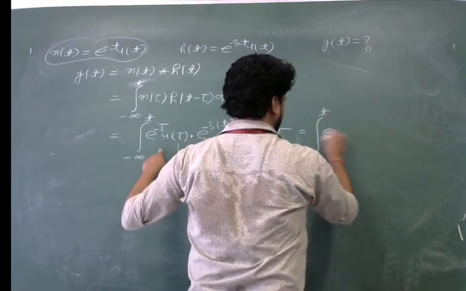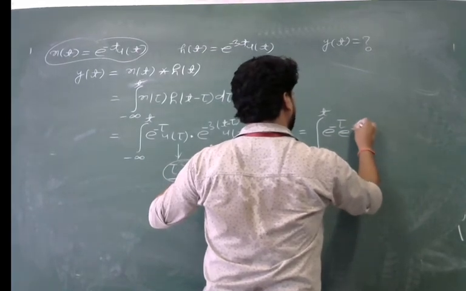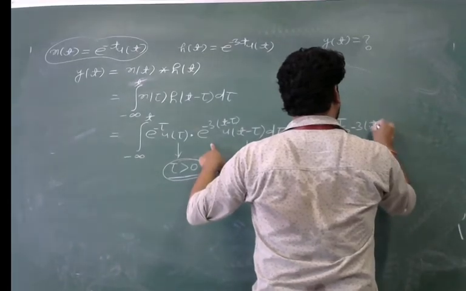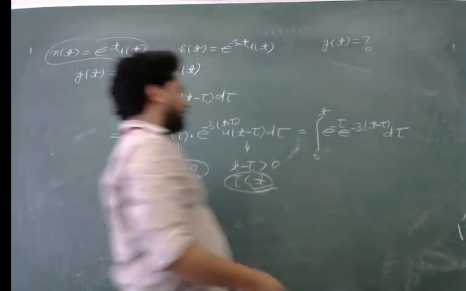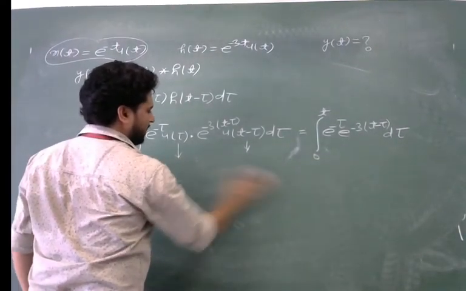The integral is from 0 to t of e^(-tau) into e^(-3(t minus tau)) d tau. The remaining is simple.